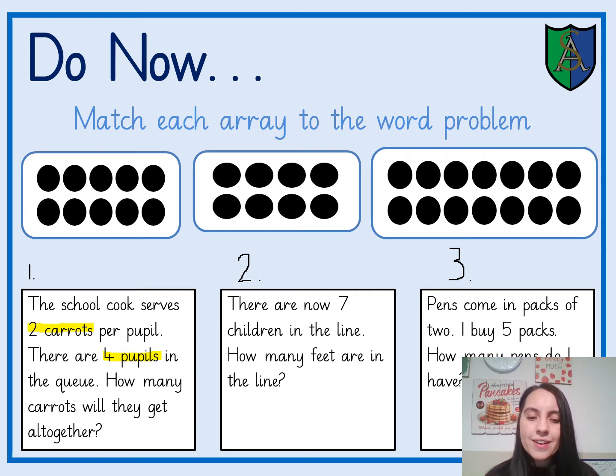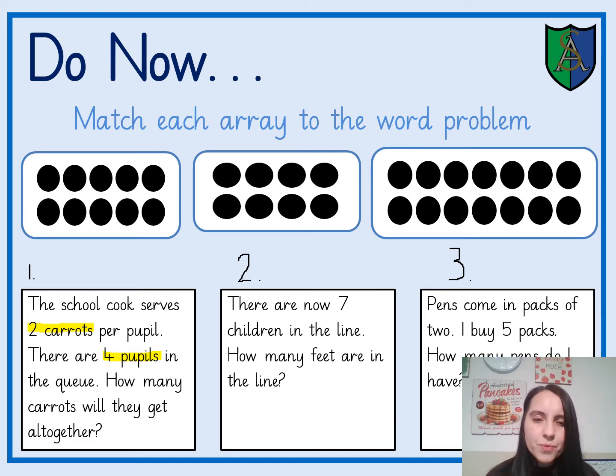So I'm looking at 2 carrots times 4 pupils. So I'm looking at 4 groups of 2, aren't I? Because each of the 4 pupils is going to get 2 carrots each. And I'm looking for how many they get all together.